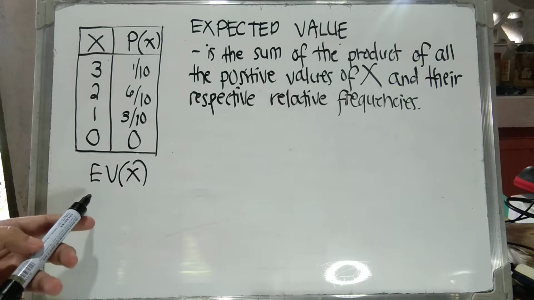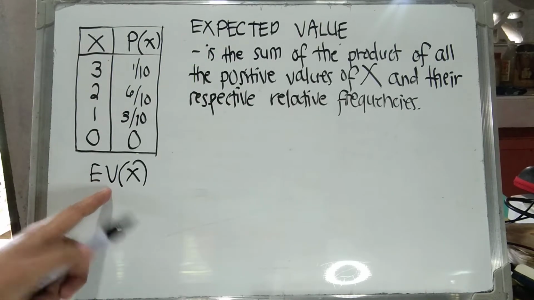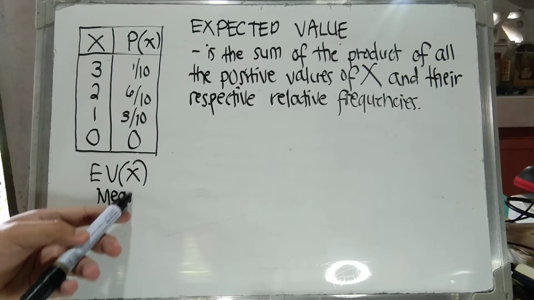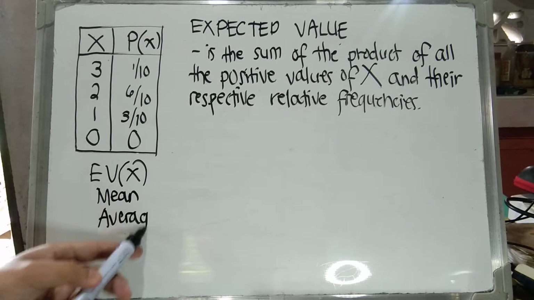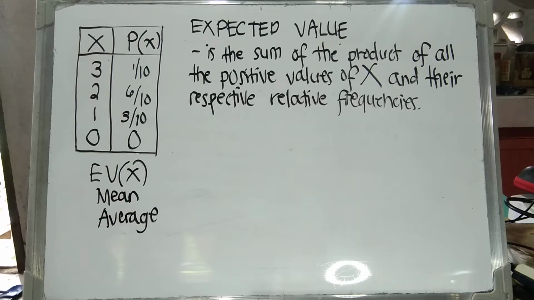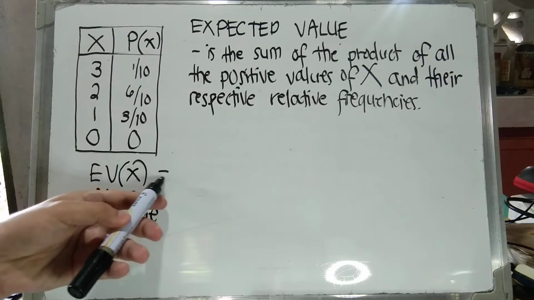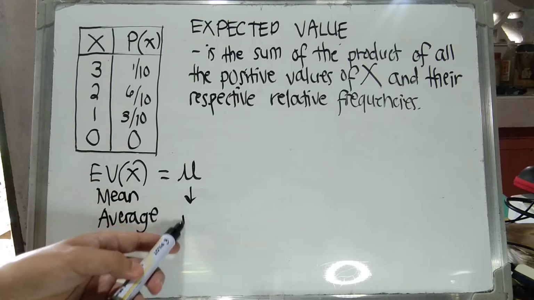This could also be termed as the mean or the average. The other symbol for our expected value is the symbol mu. So this is being read as mu.